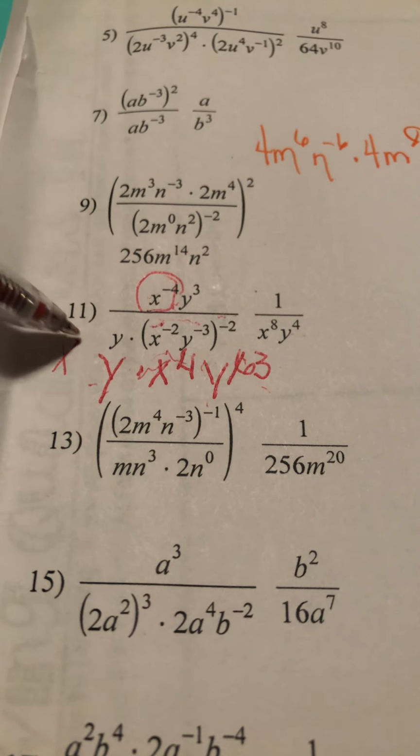Okay, then number 12, what we have here is we can go ahead and multiply everything in the denominator by negative 1. So that's going to make that 2 to the negative 1 power, y to the negative 1 power, and x to the positive 4 power. Then the next thing we're going to do is bring this 2 up to the numerator and the y up to the numerator, and then we'll bring the x to the negative 3 power down to the denominator to make it positive.